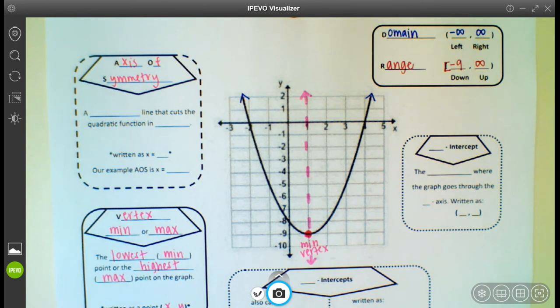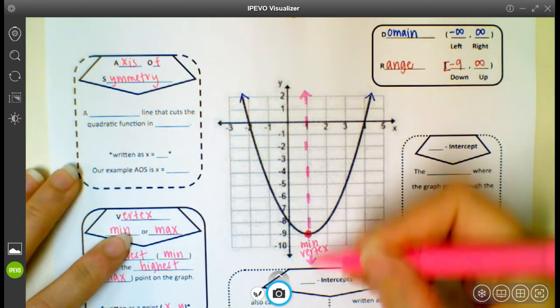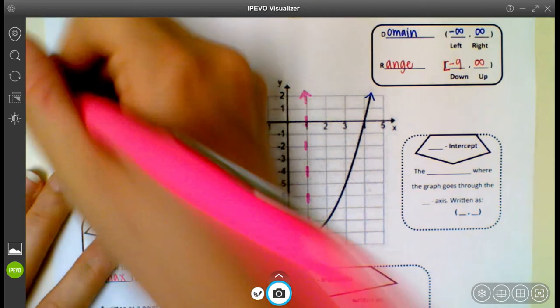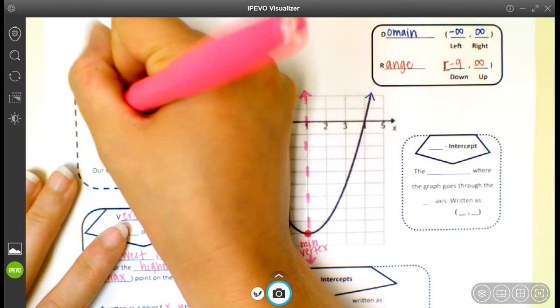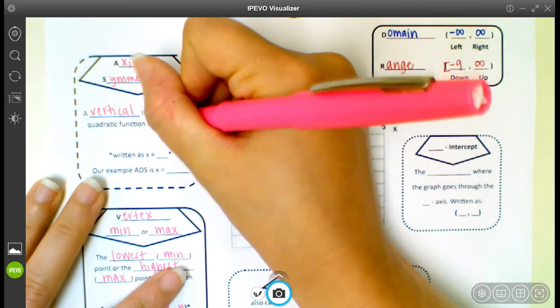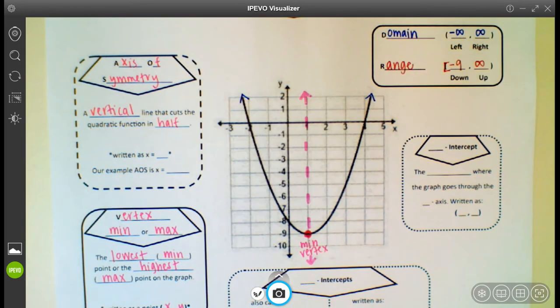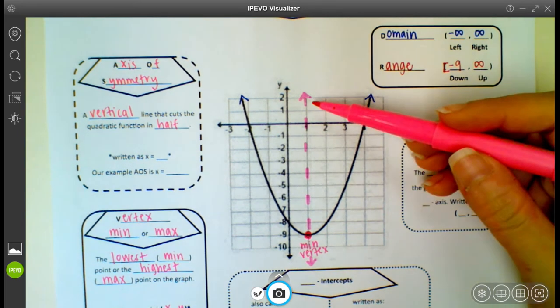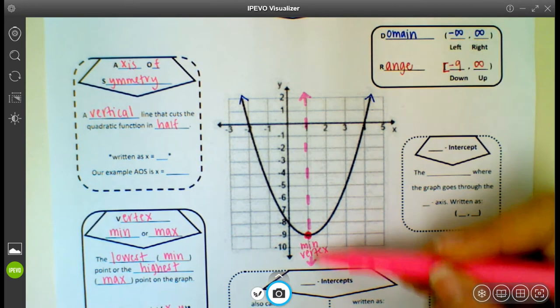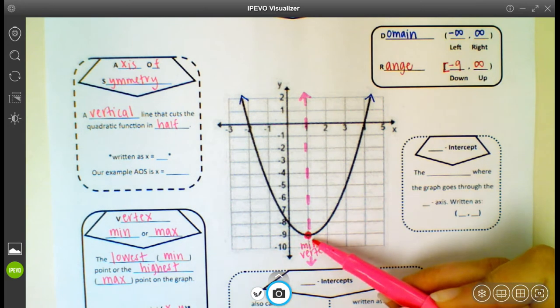So what is an axis of symmetry? As you notice, this folding line that I can fold in half is a vertical line that cuts the quadratic function in half. Literally, it's smack dab in the middle. And notice that the AOS, or axis of symmetry, also holds the vertex.